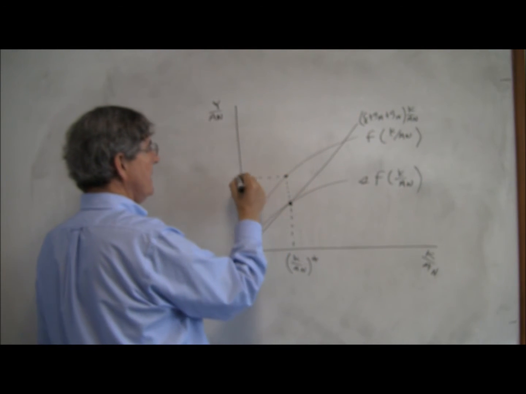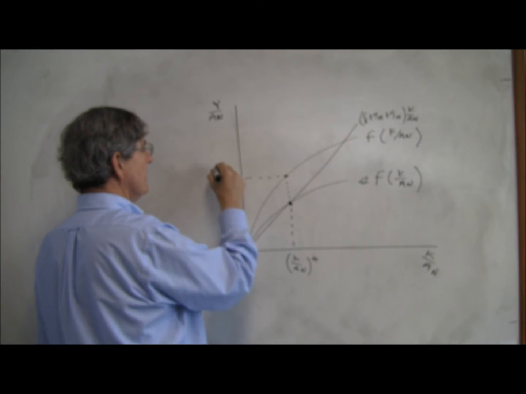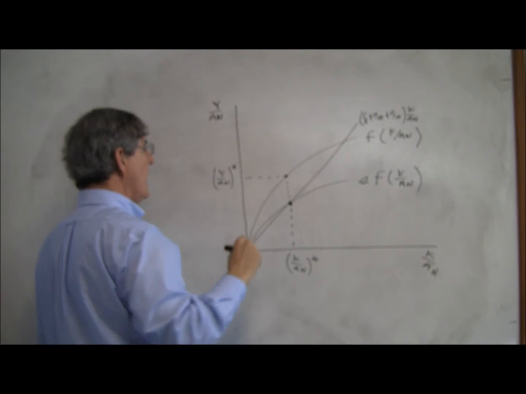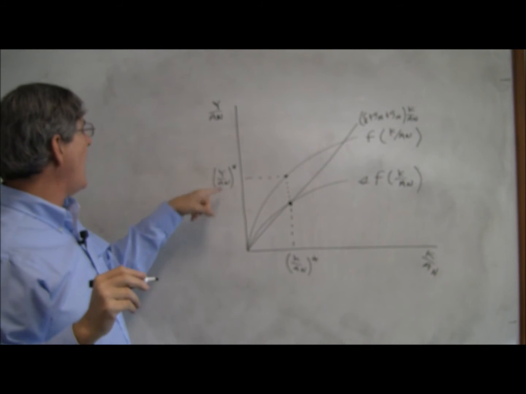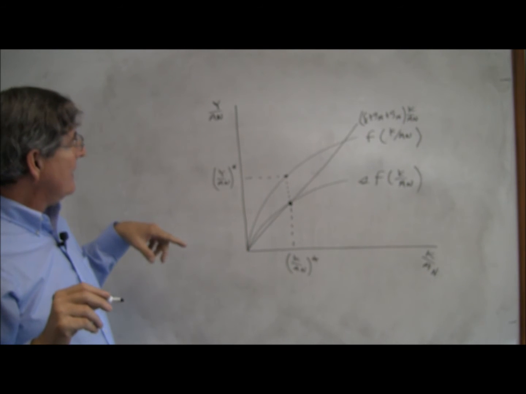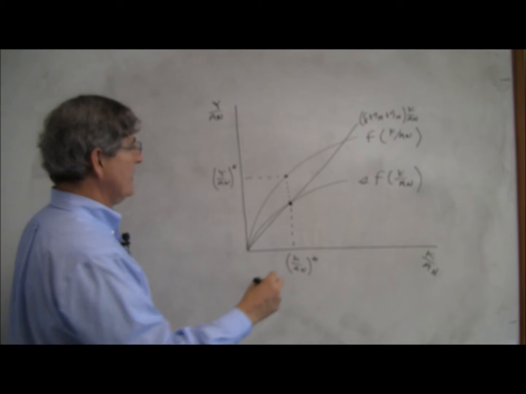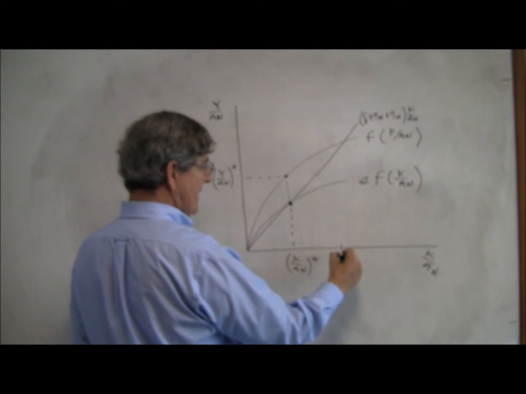And this would be Y, the steady state level of Y over AN. That's not the standard of living. Y over N is, and we'll come to that in a second. And again, if you're not at this point, there's a natural tendency for you to get there. Suppose we're at this K over AN.